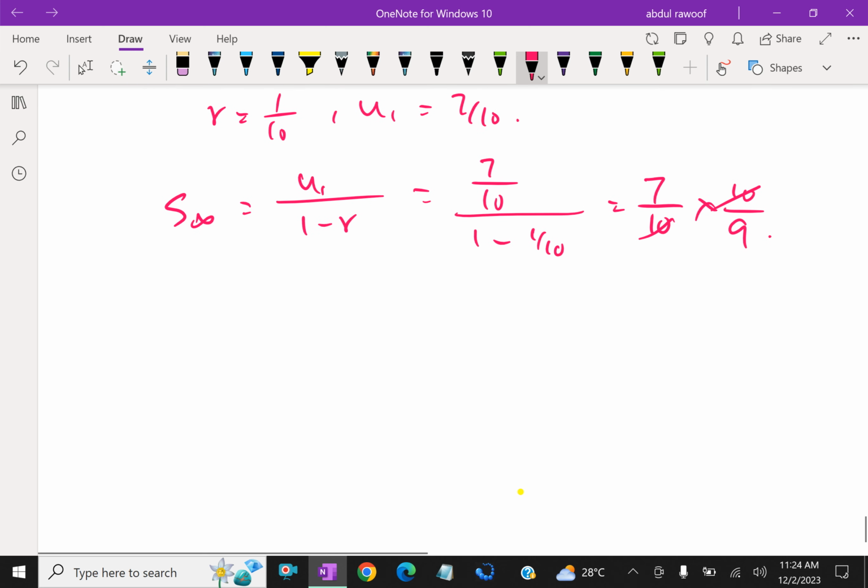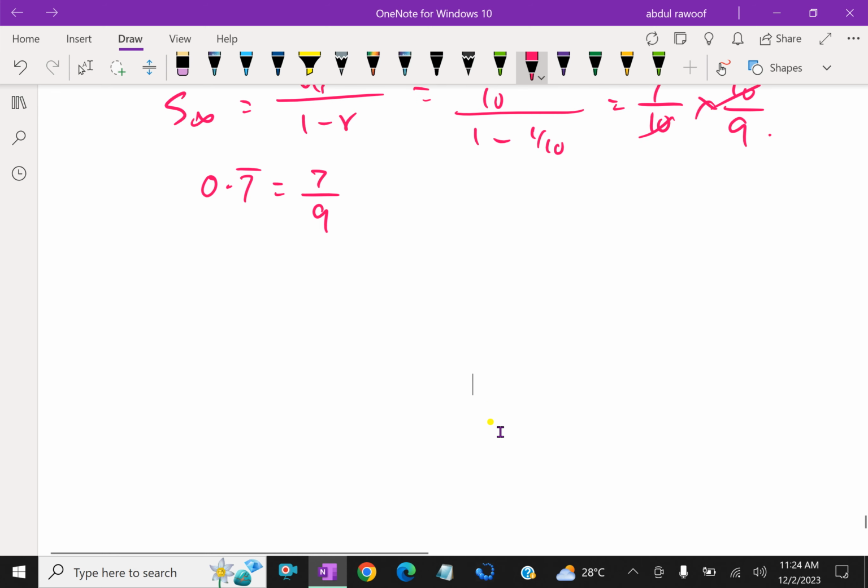Therefore 0.7 recurring is equal to 7 over 9. If you divide 7 by 9, you get 0.7777 recurring.